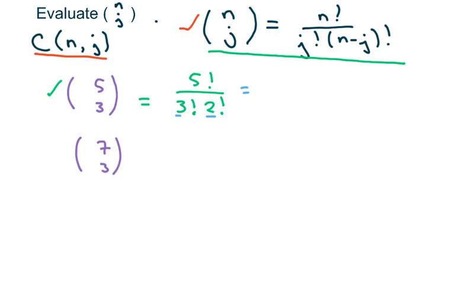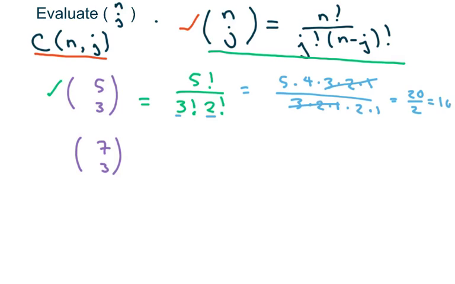When you write out the factorials, you'd write 5 times 4 times 3 times 2 times 1 over 3 times 2 times 1 times 2 times 1. These cancel out, and so basically you get 20 over 2, which equals 10. So the best way to do it is not the way I just did it, though.